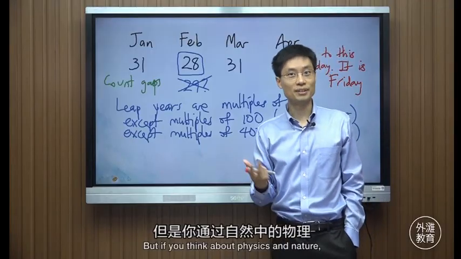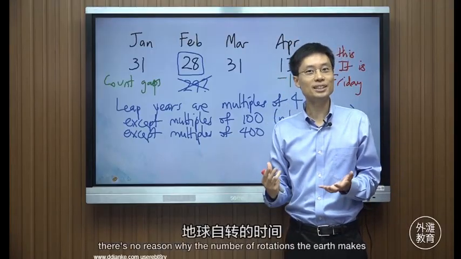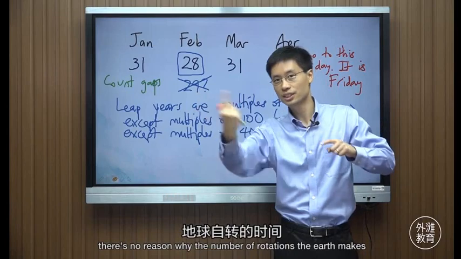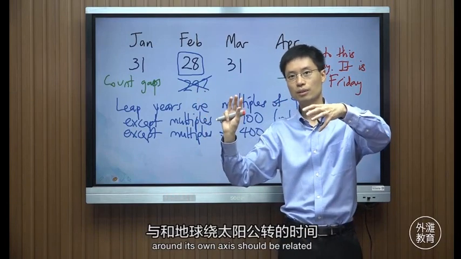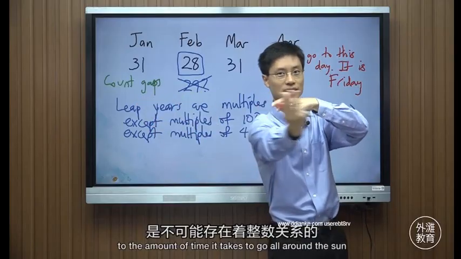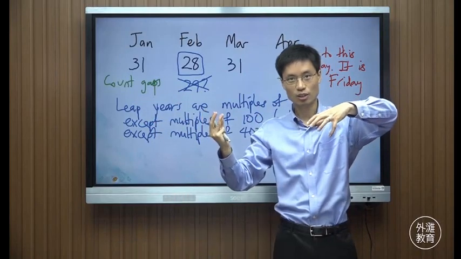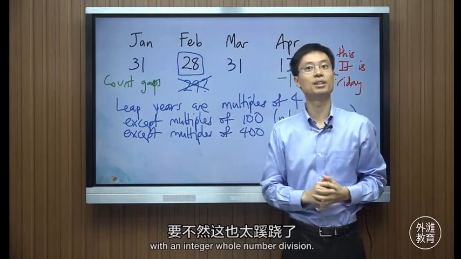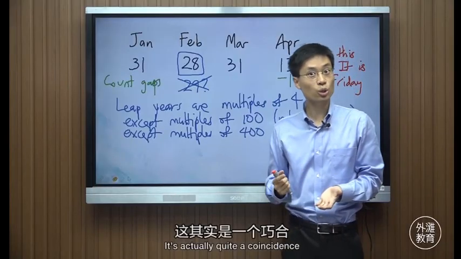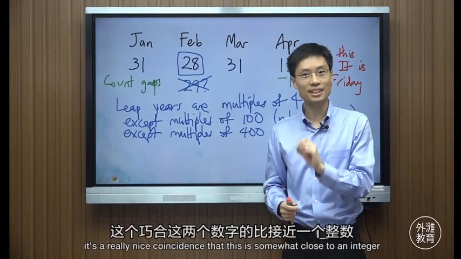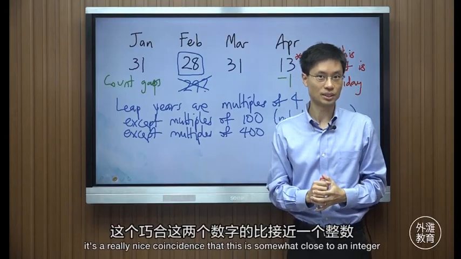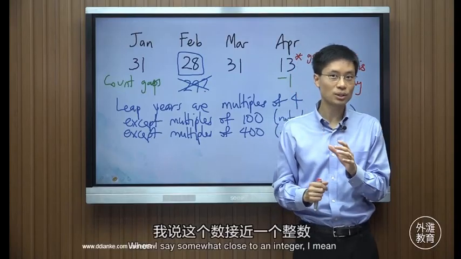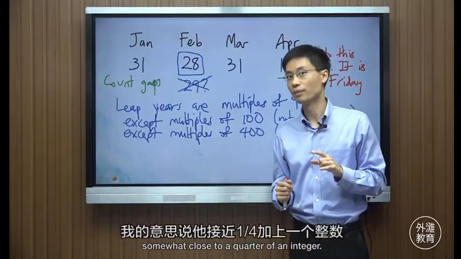But if you think about physics and nature, there's no reason why the number of rotations the Earth makes around its own axis should be related to the amount of time it takes to go all the way around the sun with a whole number division. It's actually quite a coincidence. It's a really nice coincidence that this is somewhat close to an integer. When I say somewhat close to an integer, I mean somewhat close to a quarter of an integer.